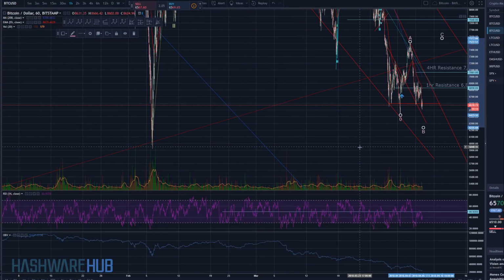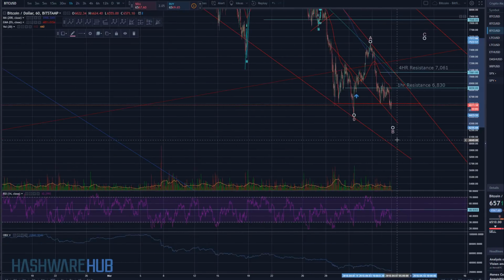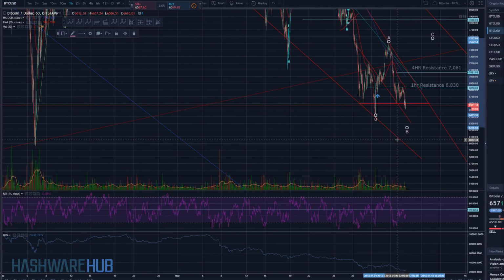But what I do know is that we have this going on right here at, call it, about the 5,929 level, right? This bottom right here. So you could have something that looks like this, right? It would be pretty drastic, but it could happen. And it also is the bottom of this wedge, pretty accurately.